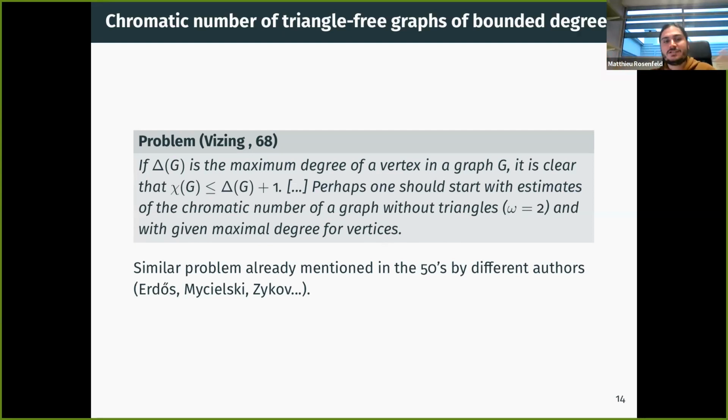But in some of these articles, at least three of them, one by Erdős, one by Mycielski, and one by Zykov, they say at the end, okay, graphs without triangles can have arbitrarily large chromatic number, but maybe the bound in terms of the degree is still smaller than for any arbitrary graph. So this is quite an old question, right?